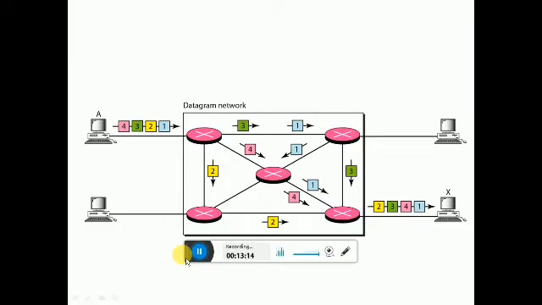Each packet may experience a wait at a switch before it is forwarded. In addition, since not all packets in the message necessarily travel through the same switches, the delay is not uniform for the packets of the message. This is very clearly shown over here.